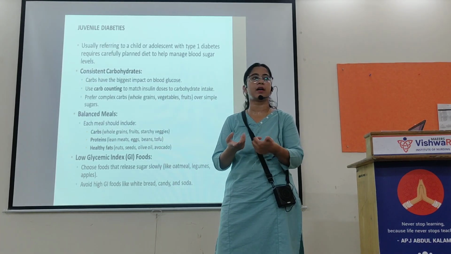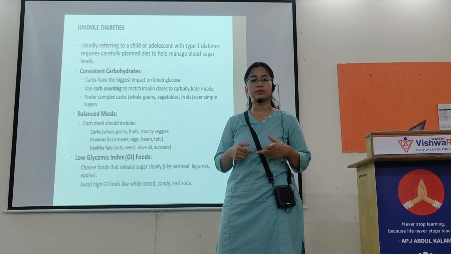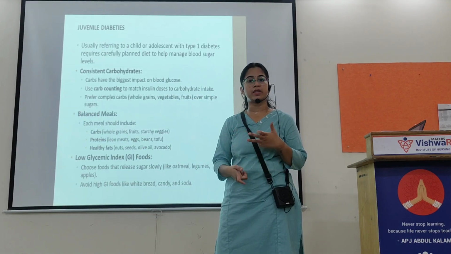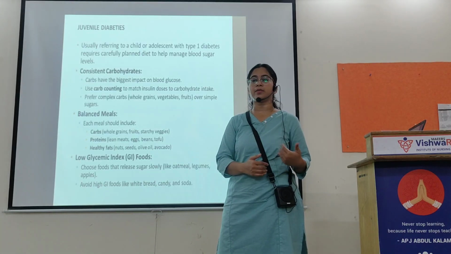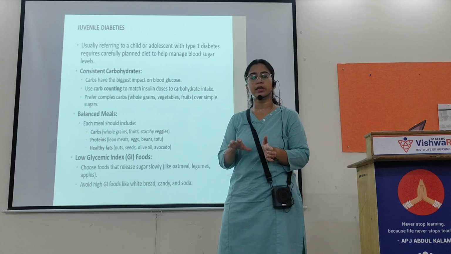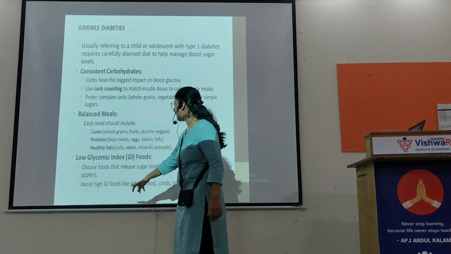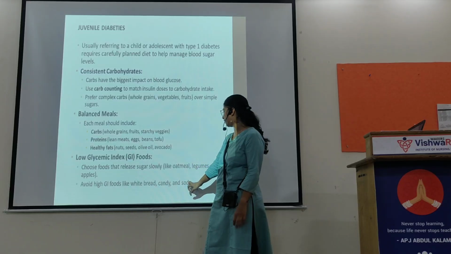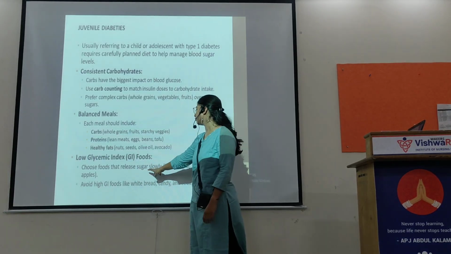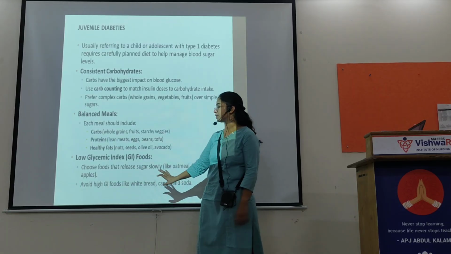That is, some of them are guava, then muskmelons, then oranges, sweet limes have very low glycemic index. So according to this glycemic index, you have to put the food in that child's diet. So avoid high glycemic food like wheat bread, candy and soda, and choose food which releases sugar slowly like oatmeal, legumes and apple.